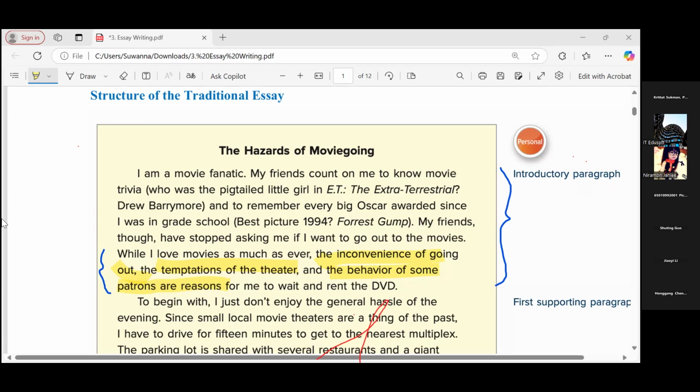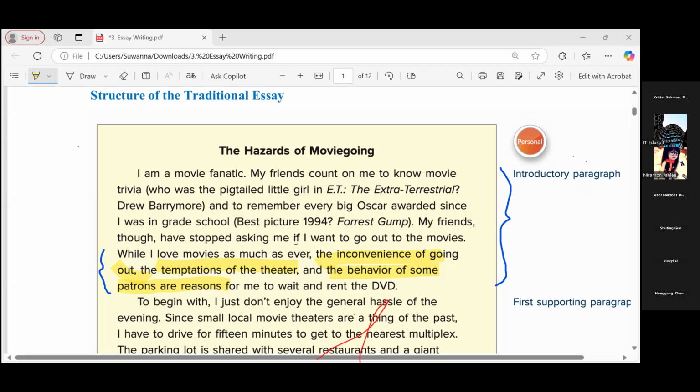It is quite obvious. Can you tell me what they are from the introduction?